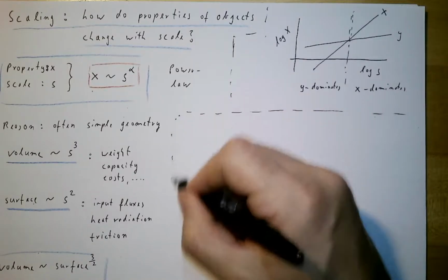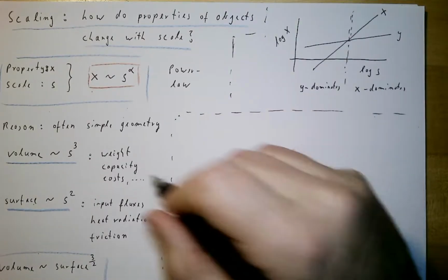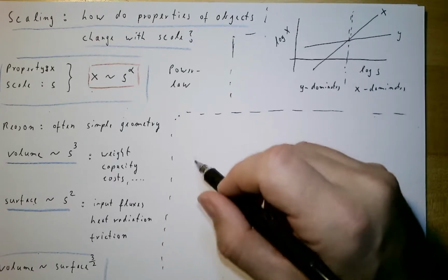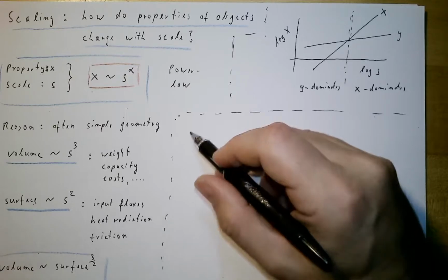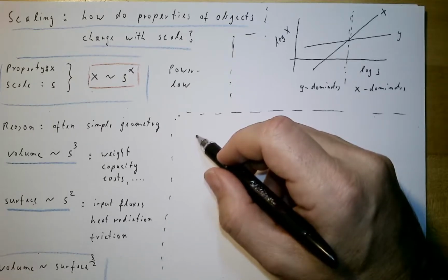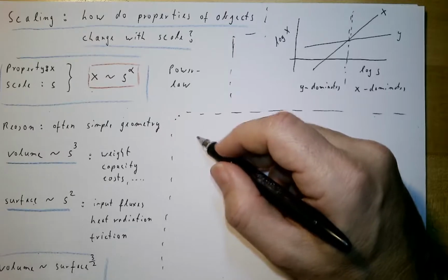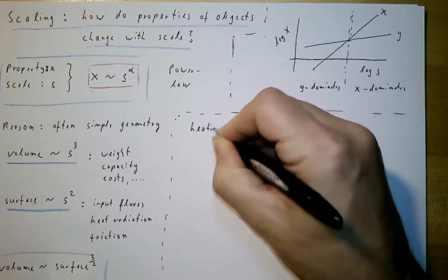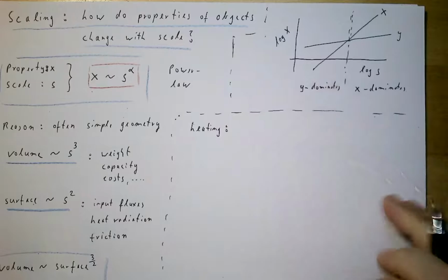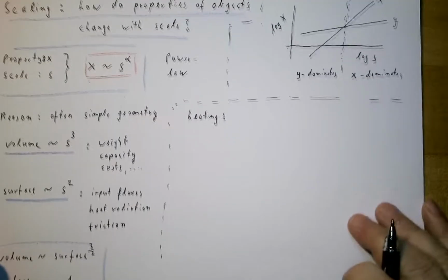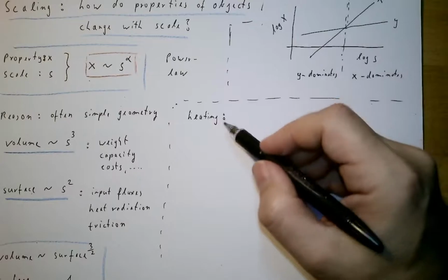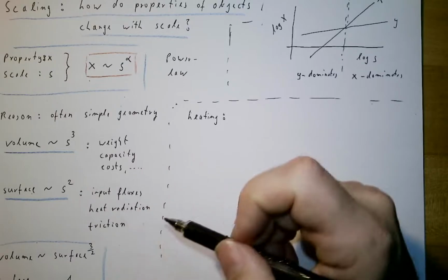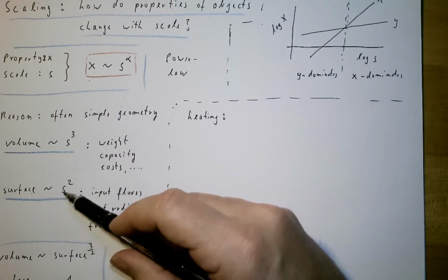And before I forget, I think I recommended this already, this book by West, the book Scale. This has many very well described examples of this. So let's take, for example, the heating of a house. The amount of energy you need for the heating goes with the volume, but the heat radiation goes with the surface.